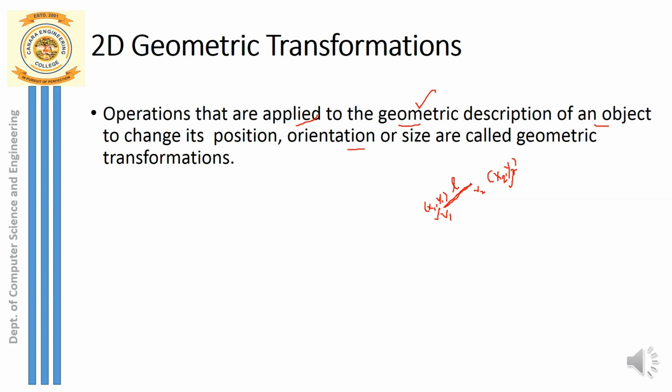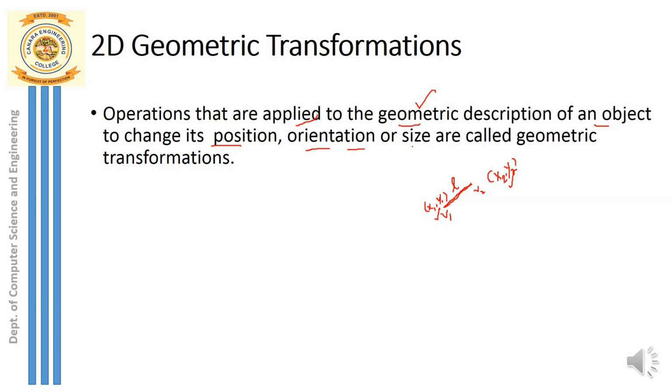Next, why are you applying this transformation? It is basically applied to change the position of the object, that is the line. It can also be applied to change the orientation, in other words to rotate the object.